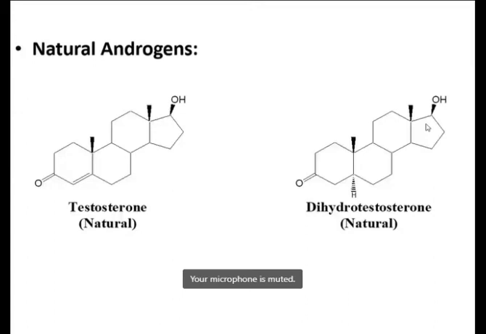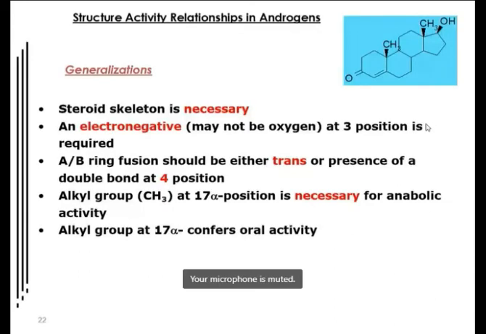Now we'll also study the structure activity relationship of these male androgens. For the function, the steroid skeleton is necessary, and an electronegative atom like oxygen at position 3 is required. Here this oxygen is required. The A and B ring fusion should be trans, or there should be a double bond at the 4th position. You can see here.